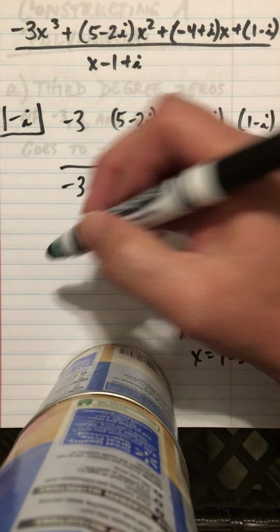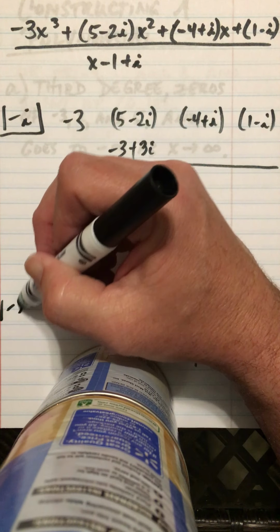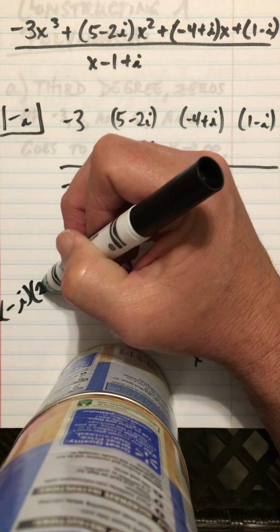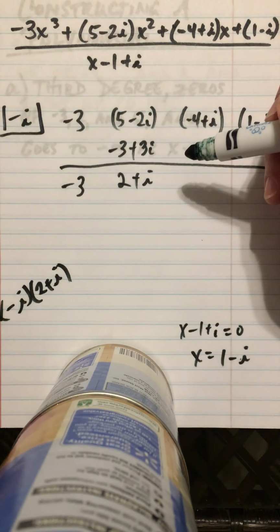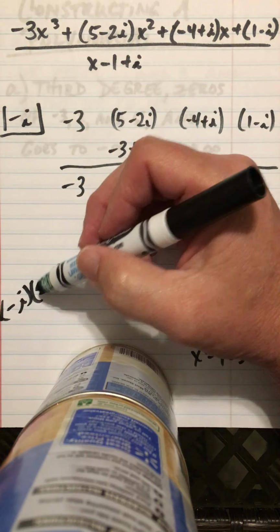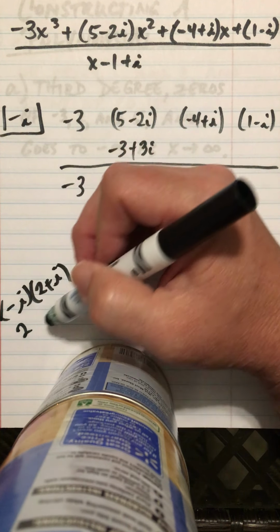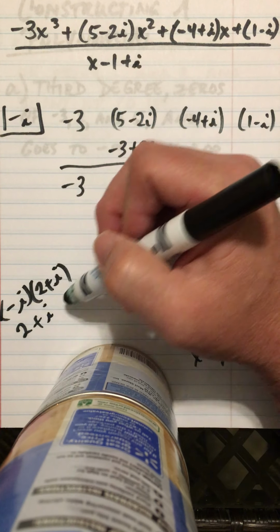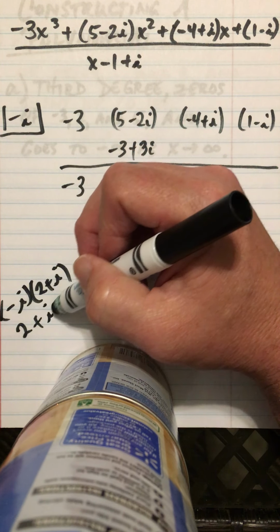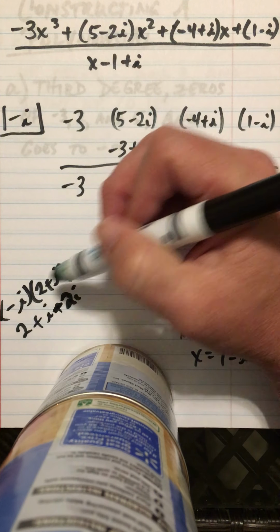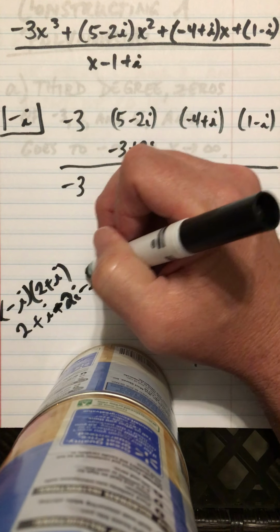And keep in mind, if you're going to multiply these, 1 minus i times 2 plus i, you got to foil it out. You got to say 1 times 2, 1 times i, negative i times 2, that's negative 2i, and negative i times i is a negative i squared.